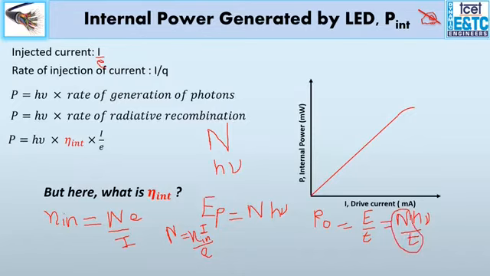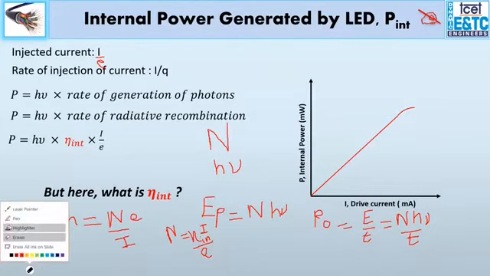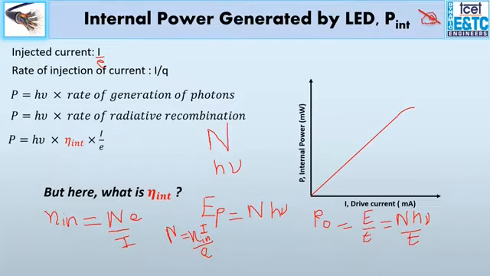Now what we will do is we'll introduce one more term. It is the rate of flow, dq by dt.